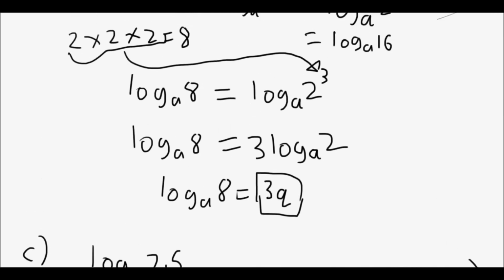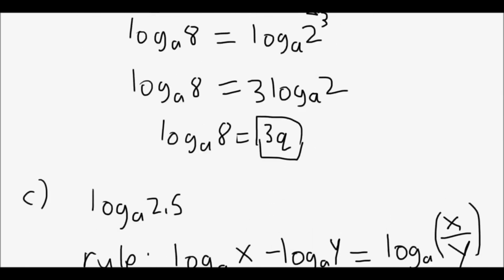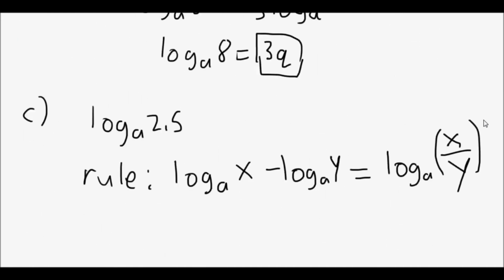So let's see how can we get 2.5? Well, when we see the available expressions that we have, we know that 5 divided by 2 is 2.5. So therefore, log A5 minus log A2 is going to equal log A 2.5. So I will write that down.